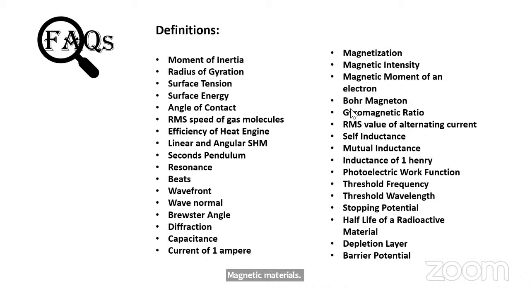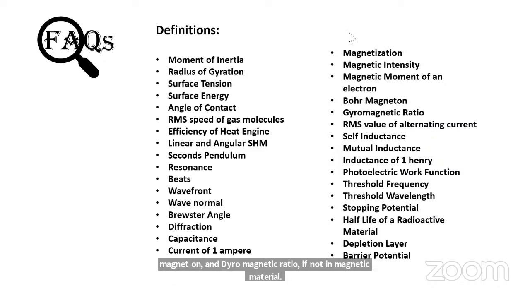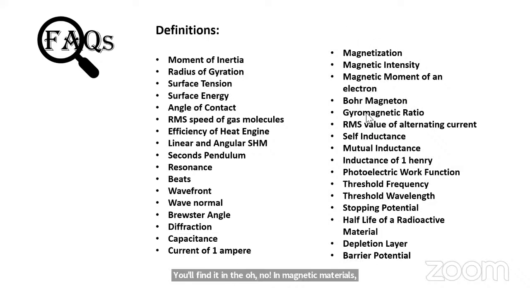I think magnetic moment of an electron, Bohr magneton, and gyromagnetic ratio, if not in magnetic materials, you will find it in the, no, in magnetic materials only you will find it. Maybe content wise here and there some of the concepts you will find in the chapter dual nature of matter, right? Then RMS value of alternating current, self-inductance, mutual inductance, inductance of 1 Henry, you will find in the chapter simple AC circuit and electromagnetic induction.